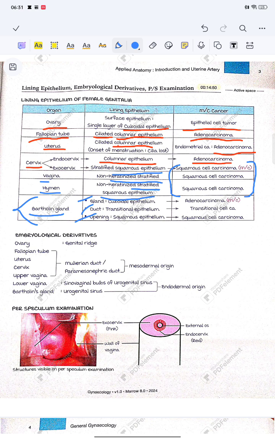Then the exocervix, vagina, and hymen have squamous epithelium giving rise to squamous cell carcinoma. And in the Bartholin gland, the gland is cuboidal, the duct is transitional, and the opening is squamous. That's all about the table.